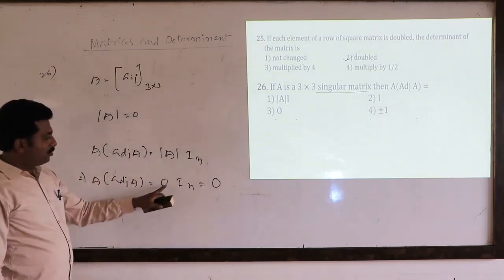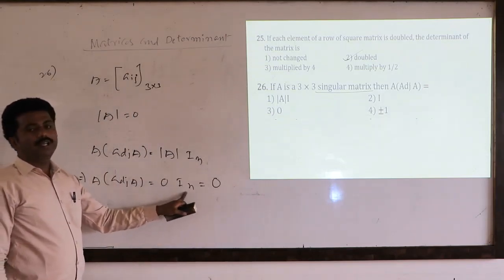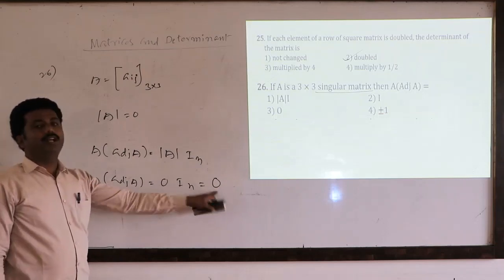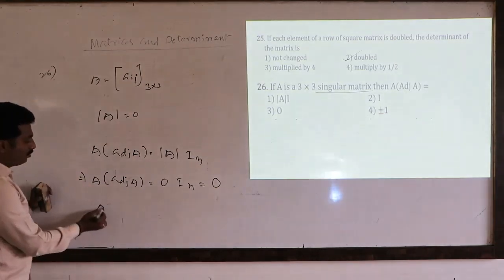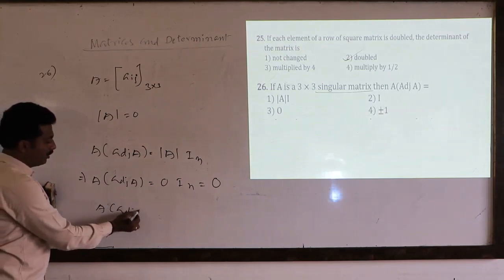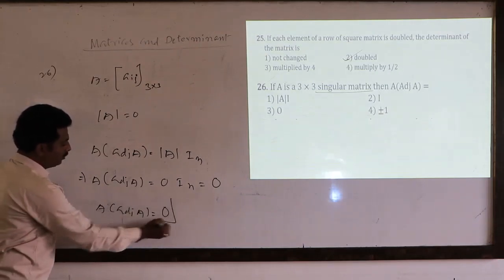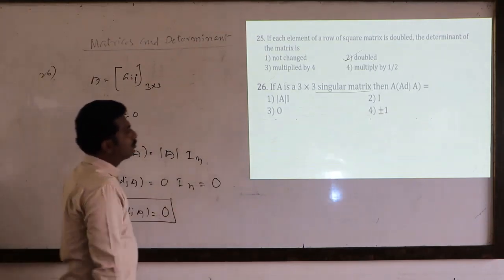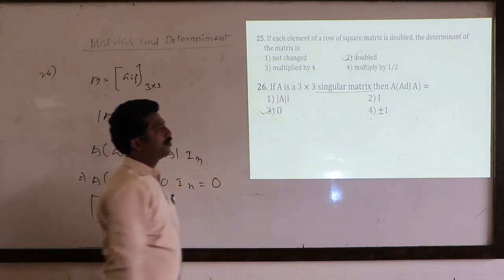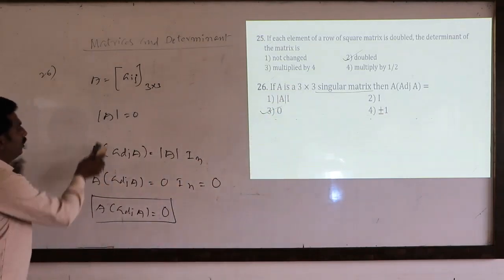Why? If you multiply any matrix with 0, you always get the null matrix. So A into adjoint of A is always the null matrix. So what is the answer? The third option we have to take. Next.